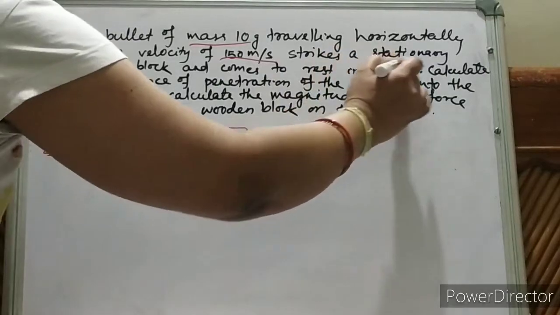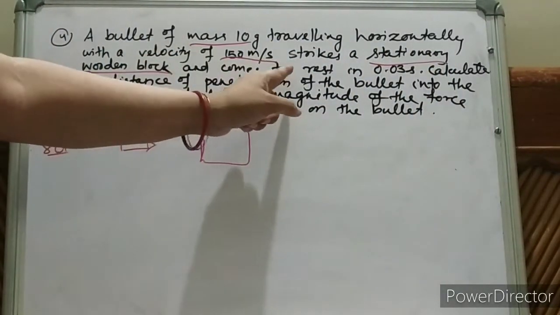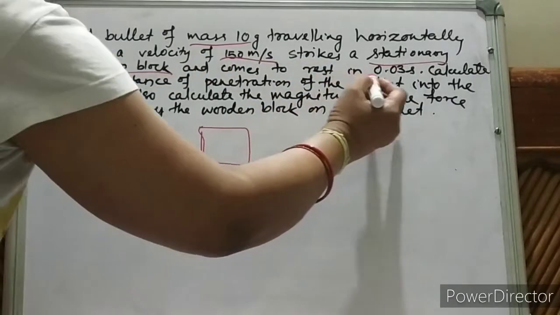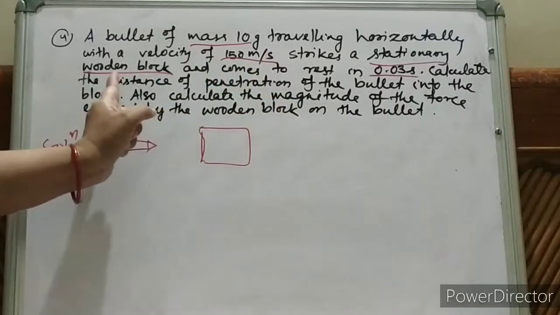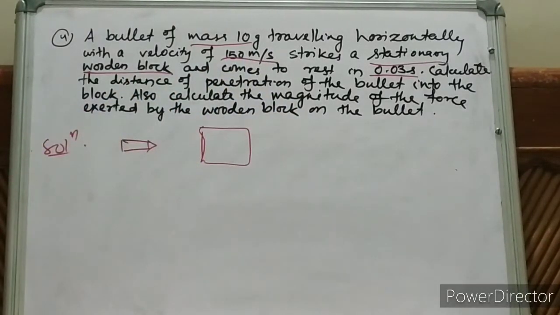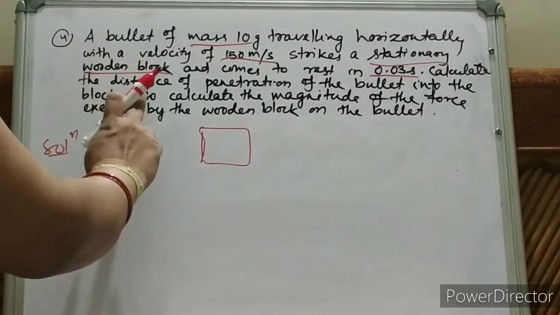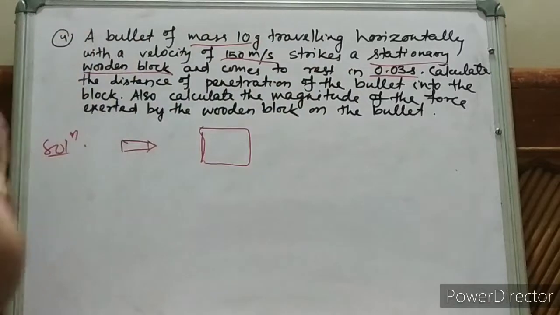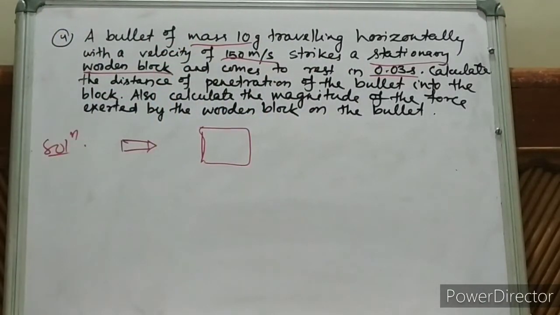So your block is stationary at rest and the bullet comes to rest in 0.03 seconds. Calculate the distance of penetration of this bullet into the block. You have to calculate how much it has penetrated and you have to calculate the magnitude of the force exerted by the wooden block on the bullet.